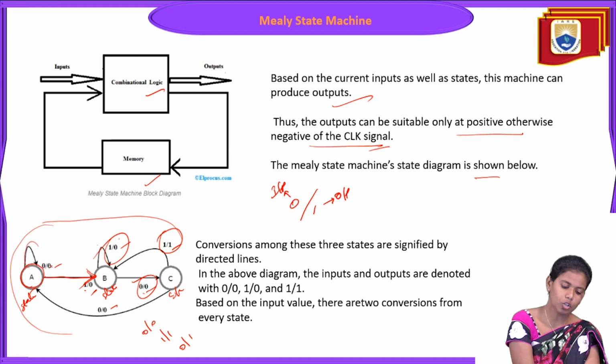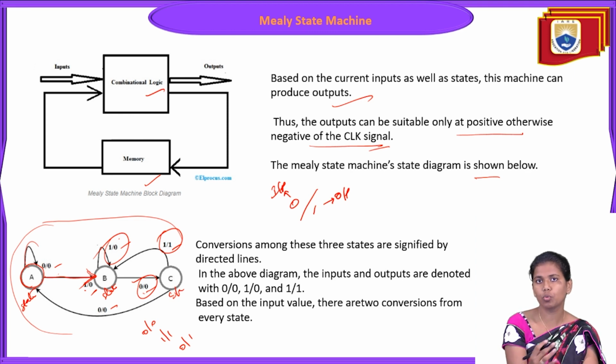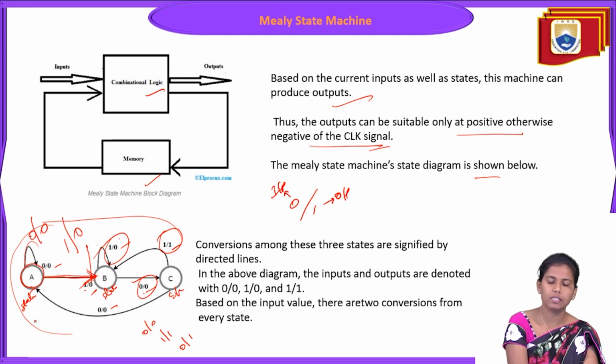So it is 0 by 0. If the input is 0, the output is 0. But when I give the input as 1, my output is 0, which means the transition takes place from A to B. If the state stays in the same position, it is 0 by 0.